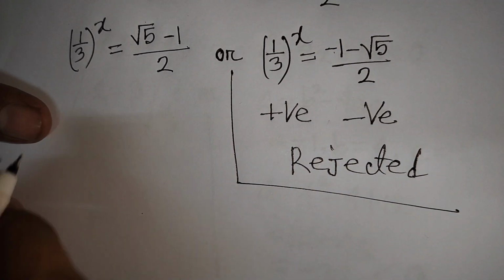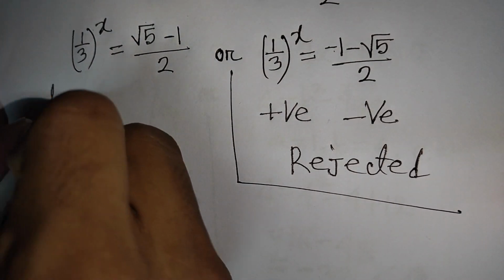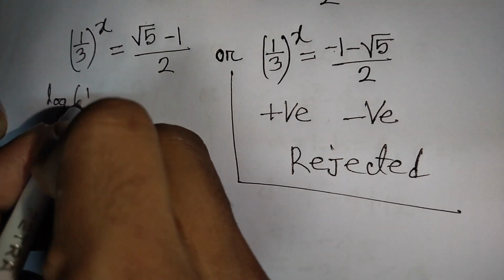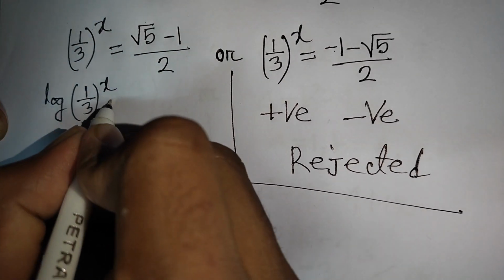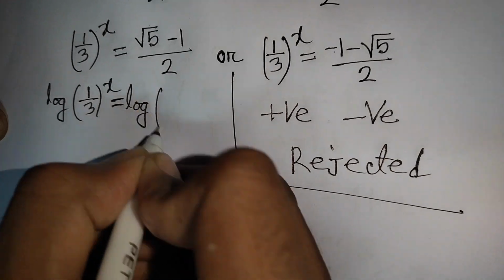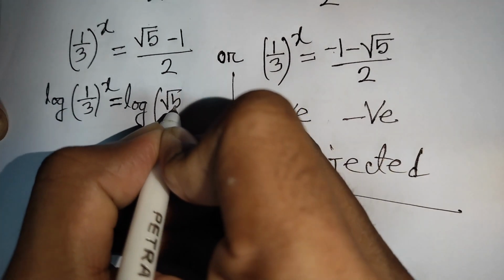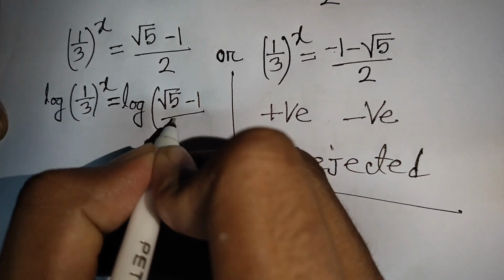Now from here we apply log on both sides. So you can write here log of (1 by 3) bracket power x is equal to log of (square root of 5 minus 1) divided by 2.